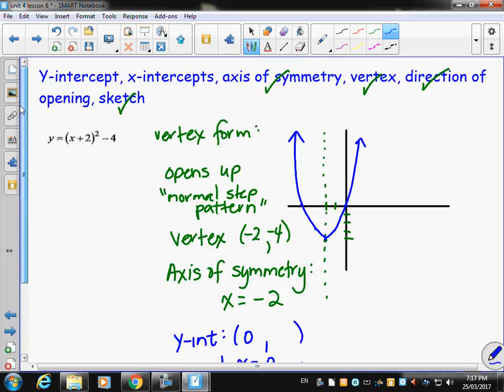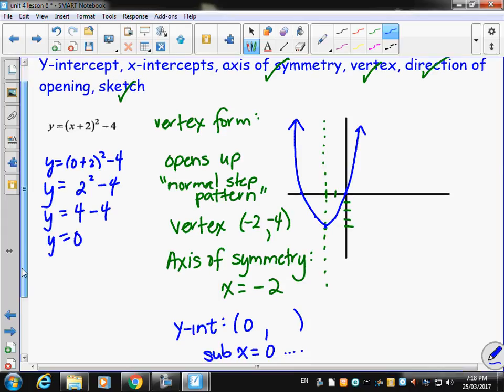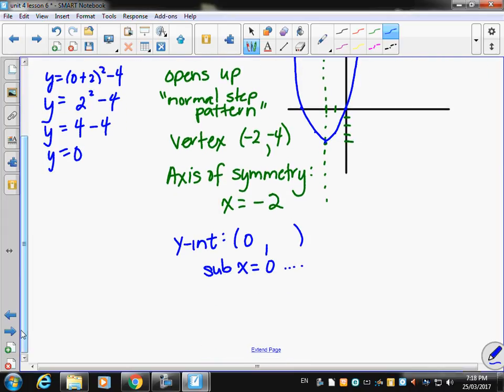So let's go back to my equation, and I'm going to put a 0 in for x. Well, I can do that. I'm going to do brackets first, so order of operations, brackets is 0 plus 2. Then I do exponents. 2 squared is 4. And lastly, 4 subtract 4 is 0. So for my y-intercept, the y value is 0.